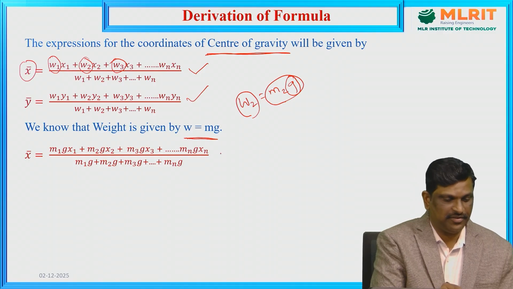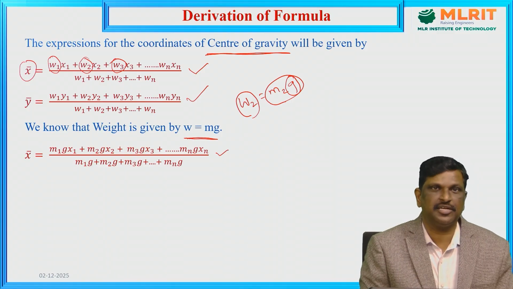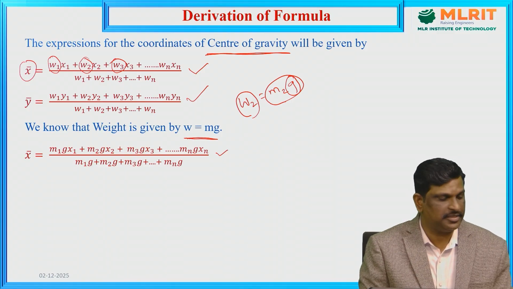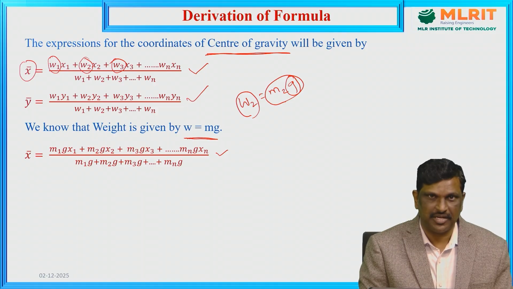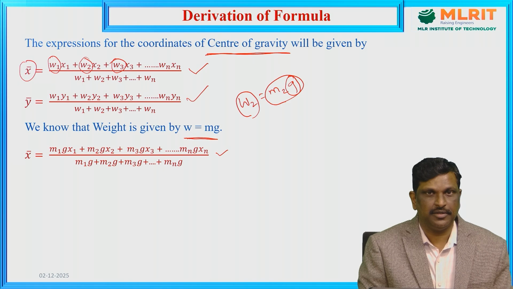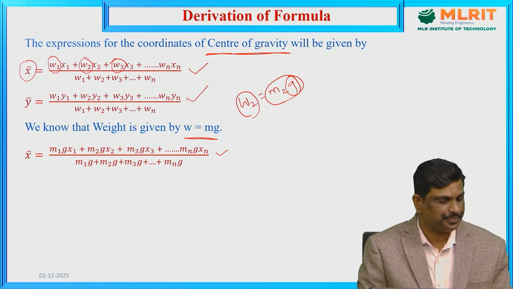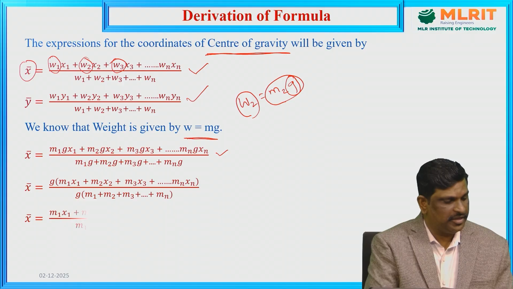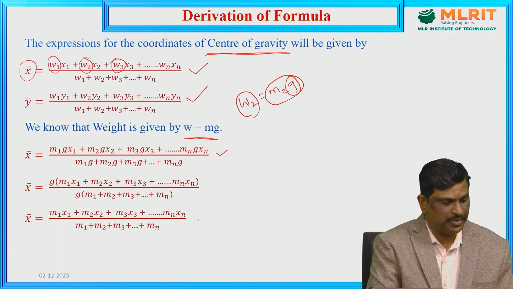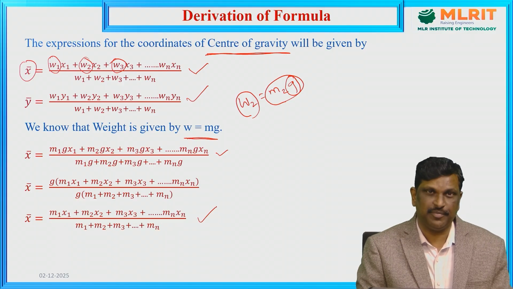Now here in this equation, the acceleration due to gravity g is constant and it is common in both numerator and denominator. Now take g common and cancel it out. The equation will become m1 x1 plus m2 x2 plus m3 x3 and so on divided by total mass.